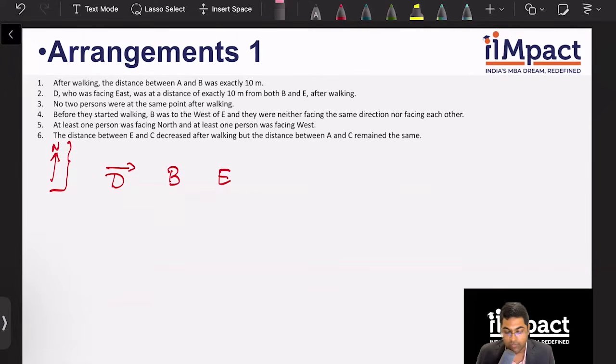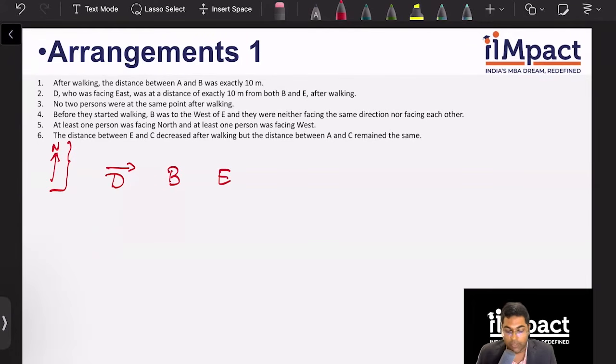Very good. So we have eliminated 2 cases. So now I know for sure that this is the case that is going to work. I hope, because we have not really missed any cases, right? So let's look at this case. Now I know that D, B, and E are in this arrangement when they're starting out.